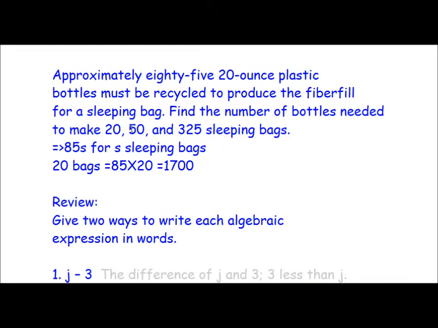Similarly, you can do it for 50 by just replacing the S with 50, 85 multiplied by 50, and for 325 sleeping bags, 85 multiplied by 325. So this is quite simple.